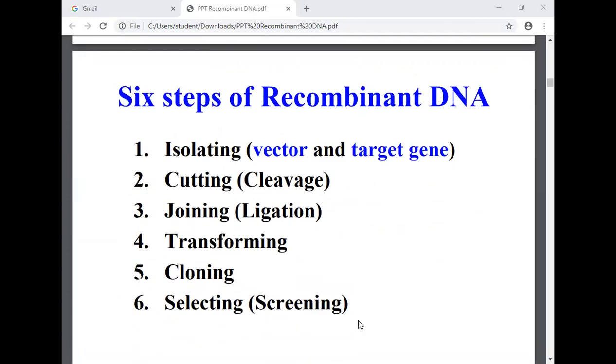Okay, now we will talk about the steps of recombinant DNA. There are six steps: isolating the vector and target gene, that is, which gene is required, and cutting that gene at specific positions, because we will have to cut another DNA as well.